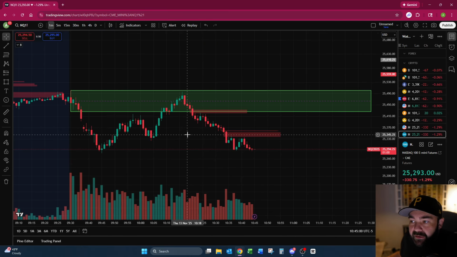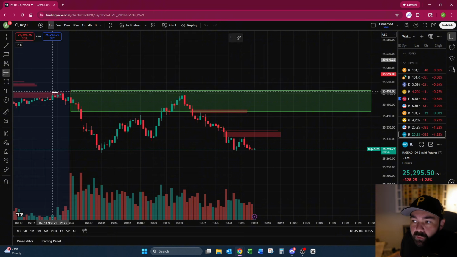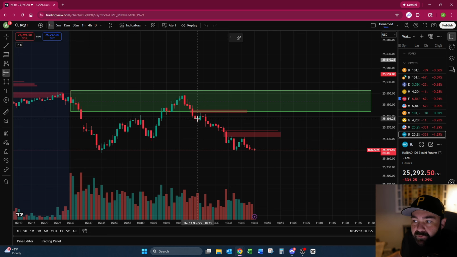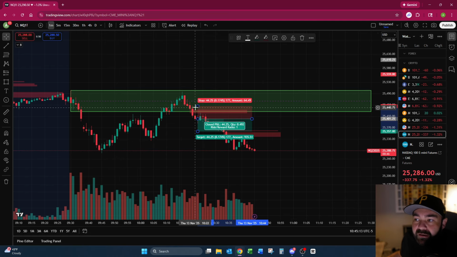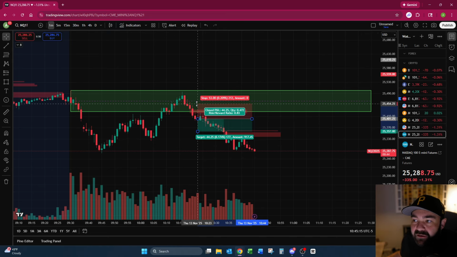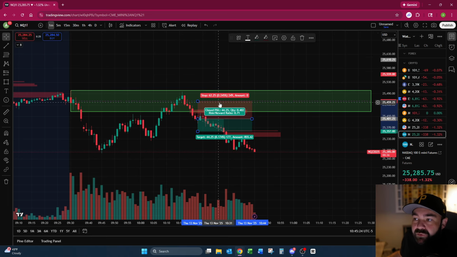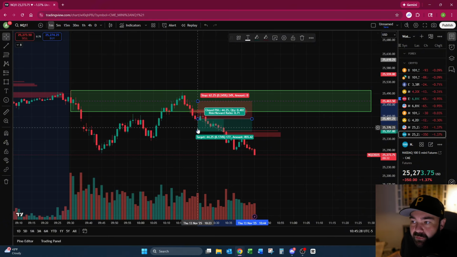The ultimate play you would do right here, if you wanted to target a 1 to 2 risk to reward, which is what I target, is the minute this candle closes outside on the 1 minute and the next one forms, I would go in right here. And how I would do this is I would set my stop loss at the midpoint, because we've already broke, we've already retested. Chances are it's not going to retest the top again like this did. So I'm comfortable allowing my risk of $500 to be set at the midpoint.